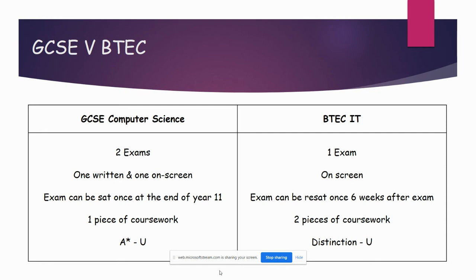The BTEC IT exam can be resat once 6 weeks after your exam. The GCSE is 1 piece of coursework. The BTEC IT has 2 pieces of coursework. And the GCSE, same as others, A star to U. The BTEC IT is a U or level 1, level 2 pass, level 2 merit, or level 2 distinction.